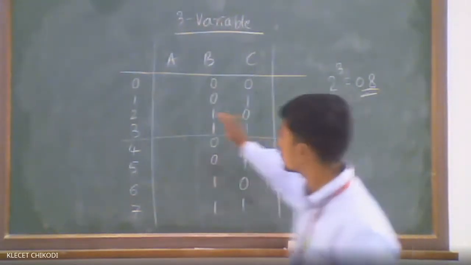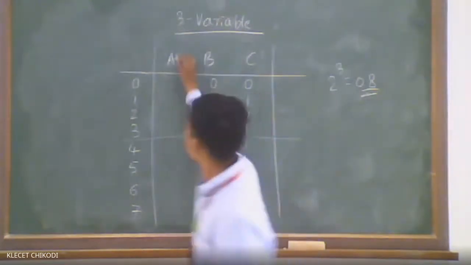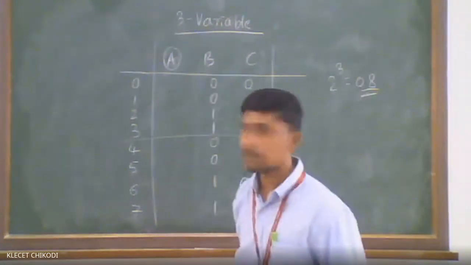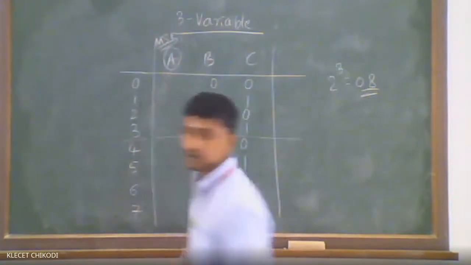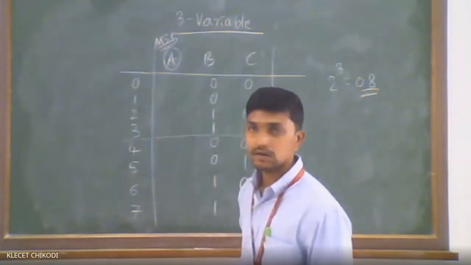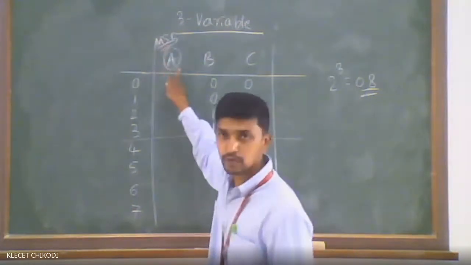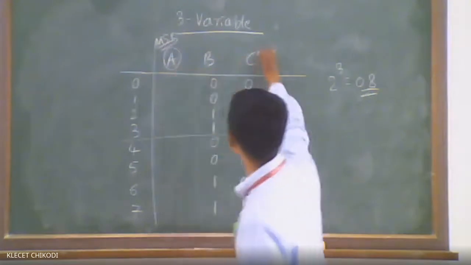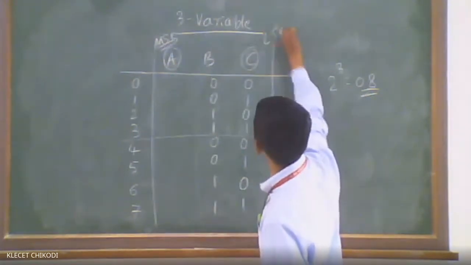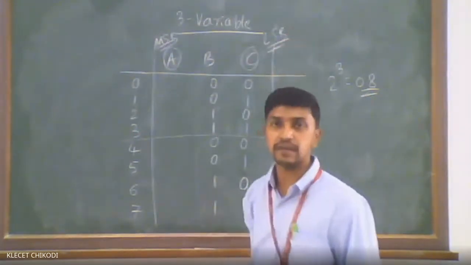Now in the first part I am considering A as the MSB here. We call this the most significant bit. That is A as the MSB and C as the least significant bit, LSB.